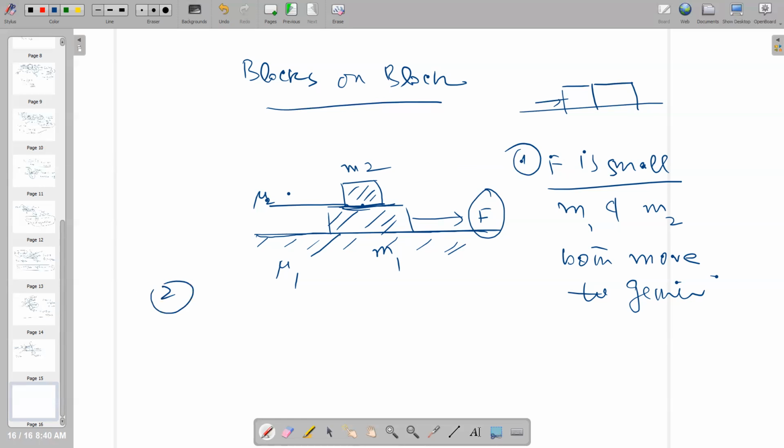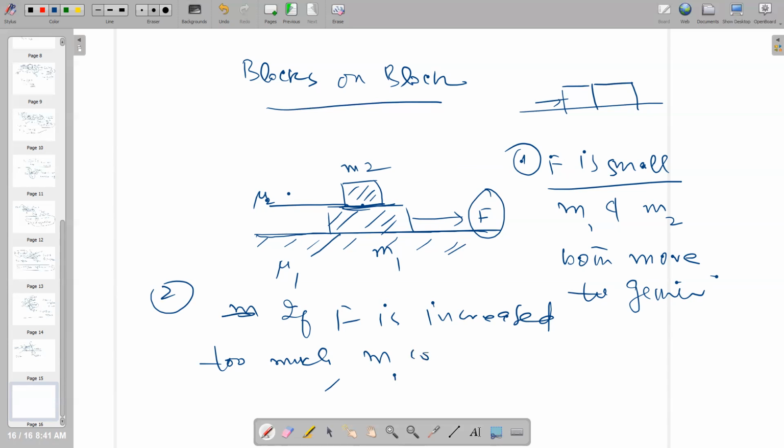The second condition is this one. If F is increased and increased too much, what will happen?